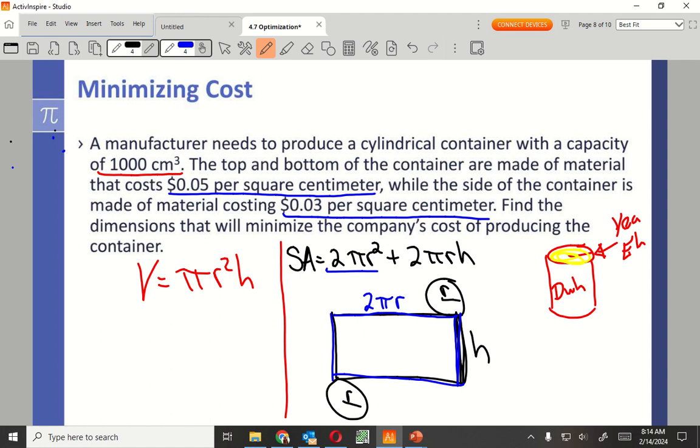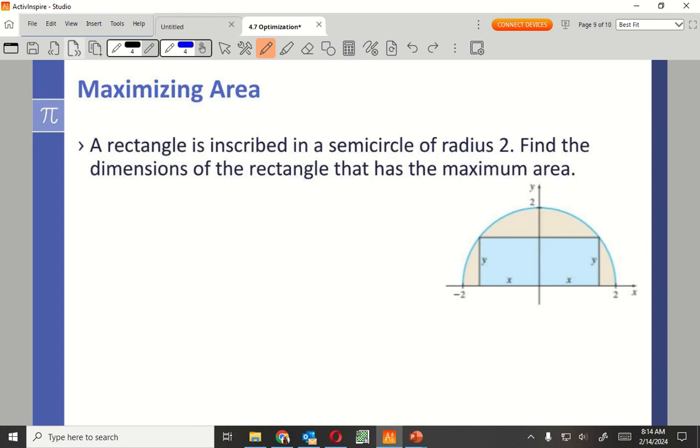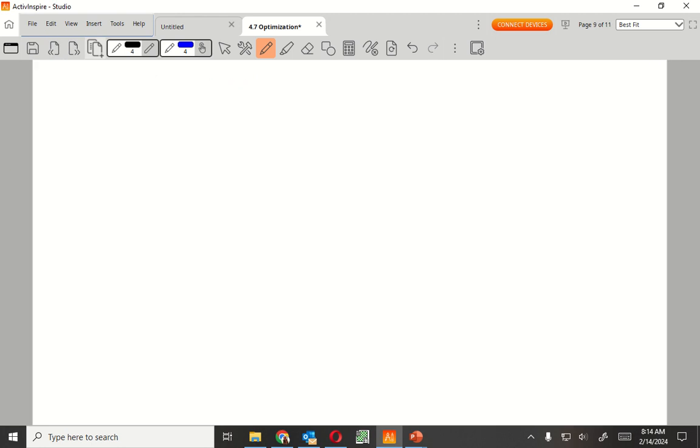So to go along with cost, for my cost analysis, do I have another page here? No, I don't. So for cost, my cost is going to be my top two circles, right? Which is going to be 2 pi r squared times 0.05.